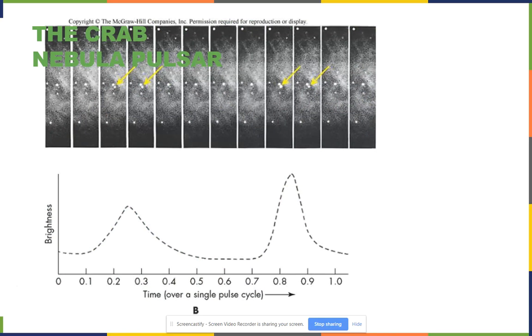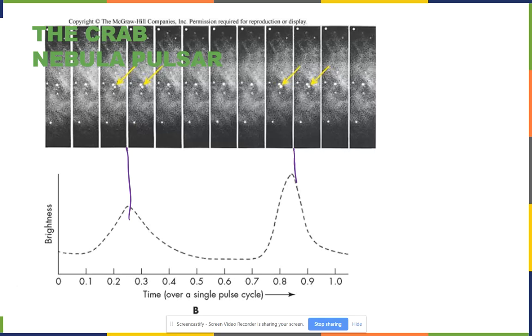Now, this is looking at the light from the Crab Nebula. And so if you look, these frames are each matching up time for time. So this here is, I gotta change the color. Yellow does not work with this slide. Back to a nice color that works.